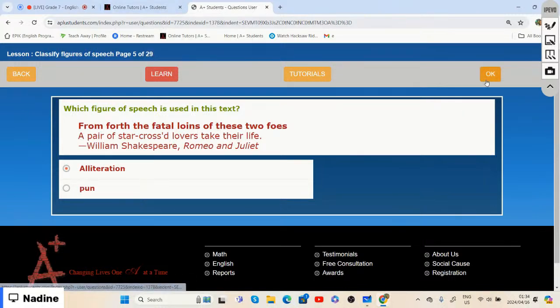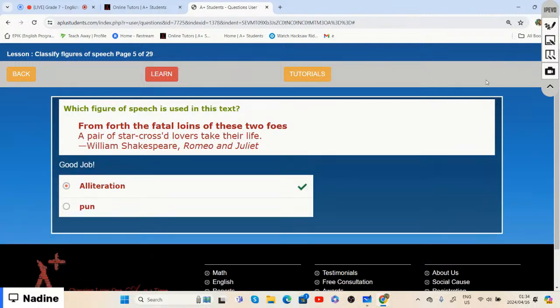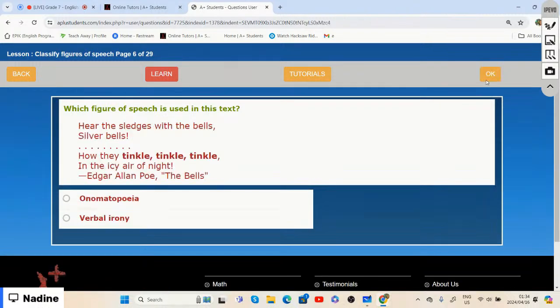Yes, it's alliteration. That F sound, from forth the fatal. It's that F, that alliteration, the sound at the beginning of the word, right?